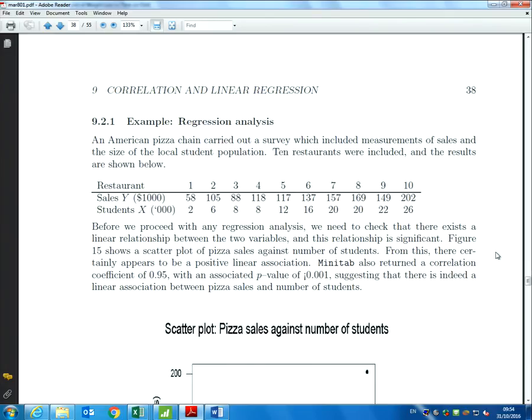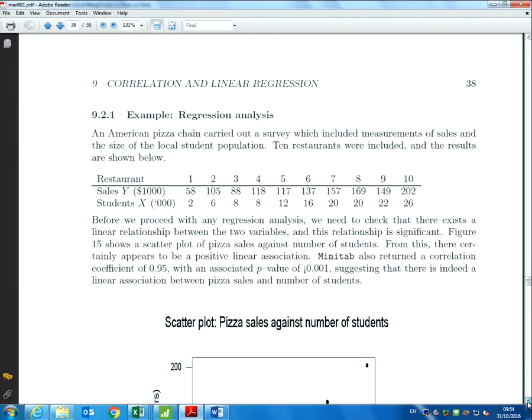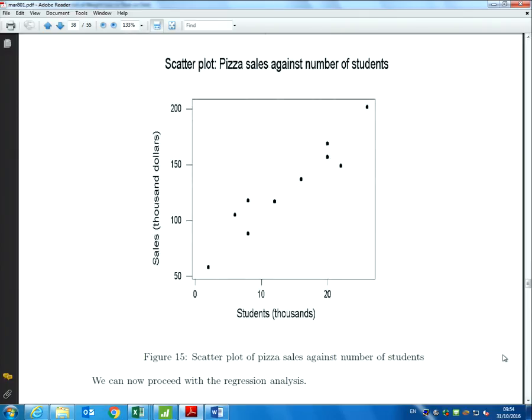Pizza sales is the y variable and student population is the x variable. Can one predict the other? So that's the information there. Your first step in a regression analysis would be to produce a scatter plot.